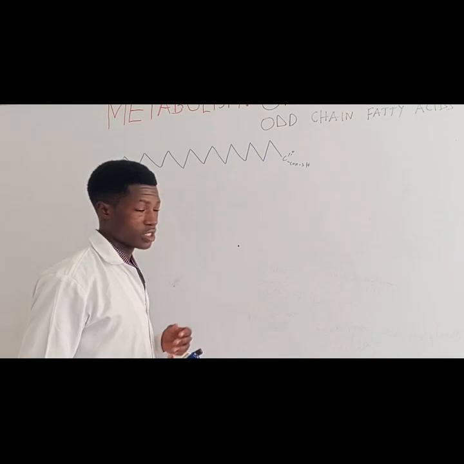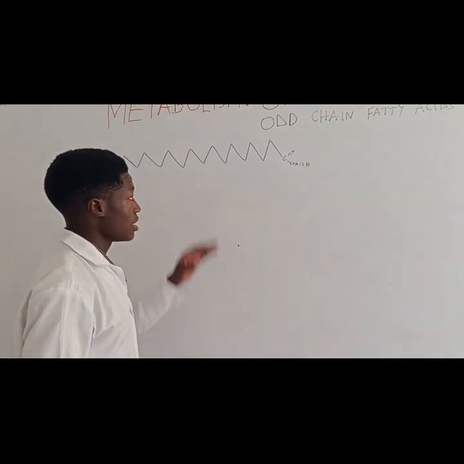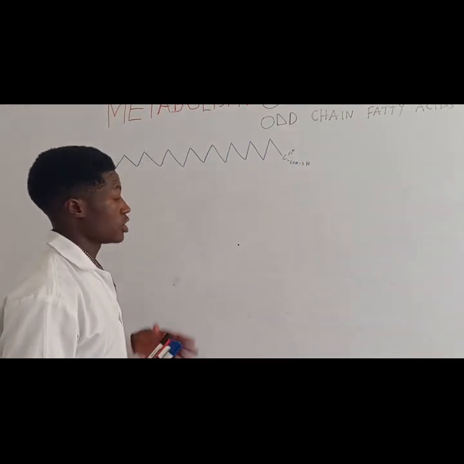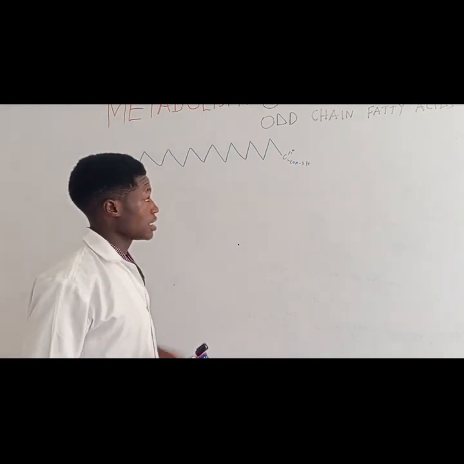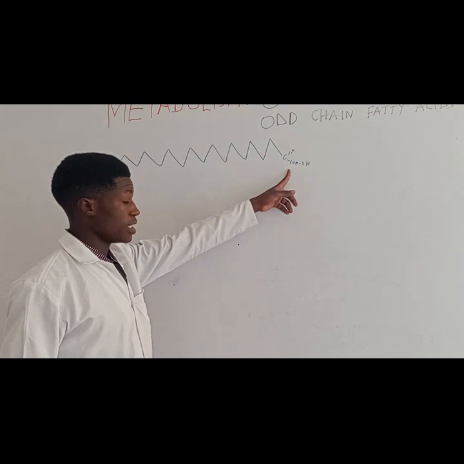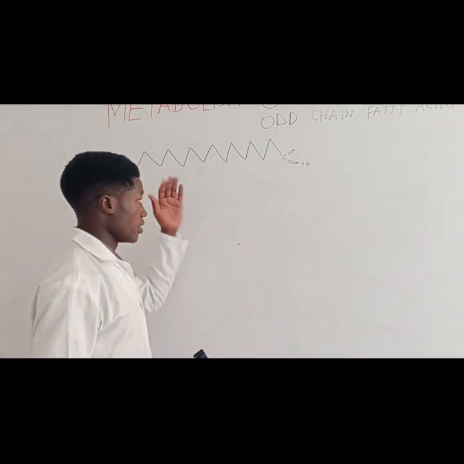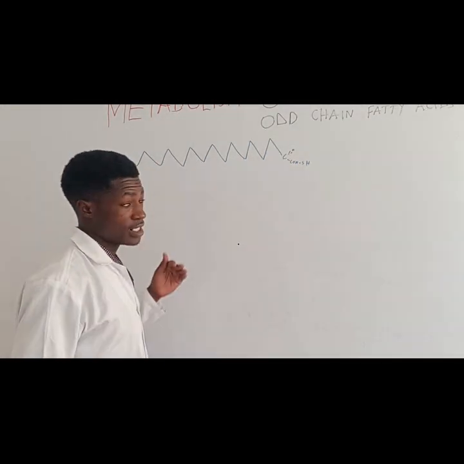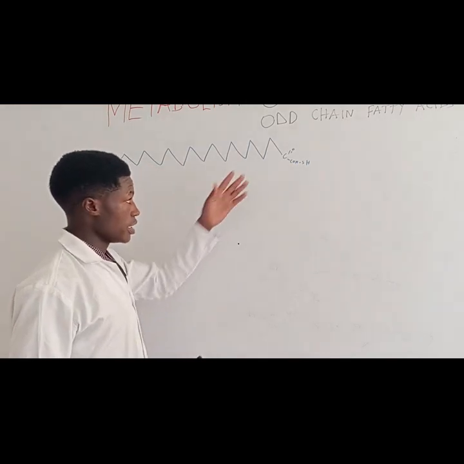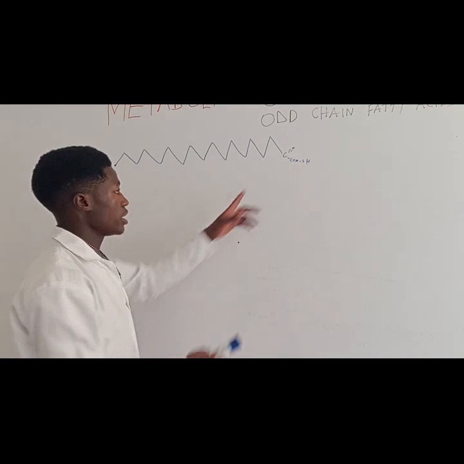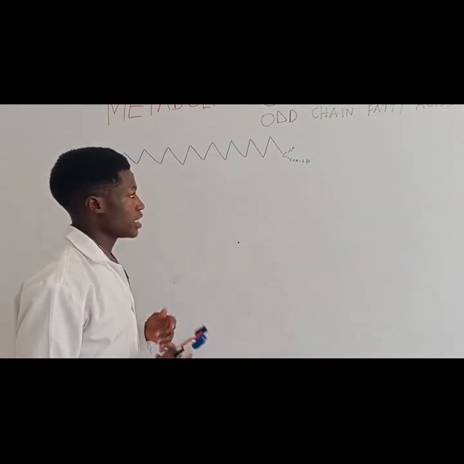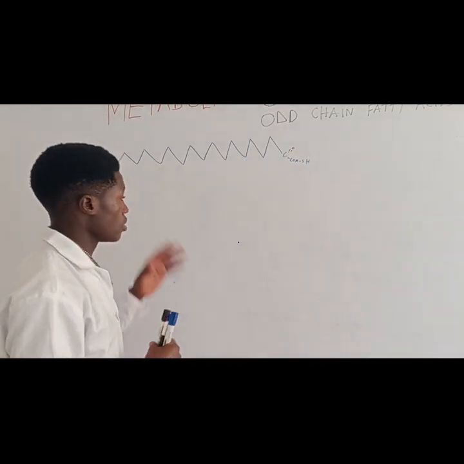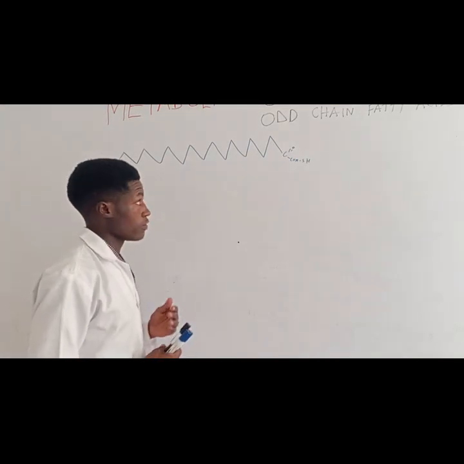That's the transportation process. When we added carnitine, we transported it through the mitochondrial membrane because acyl-CoA cannot penetrate the mitochondrial membrane. Then we got the acyl carnitine into the mitochondria. Then we exchange the carnitine with the CoA. So those preparatory processes, I hope you are well conversant with them.